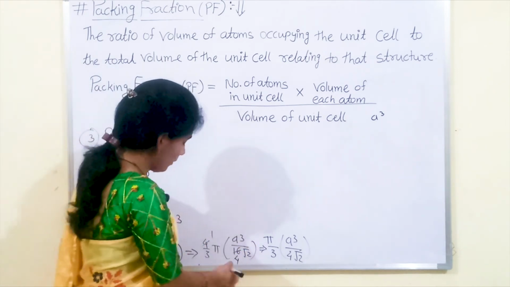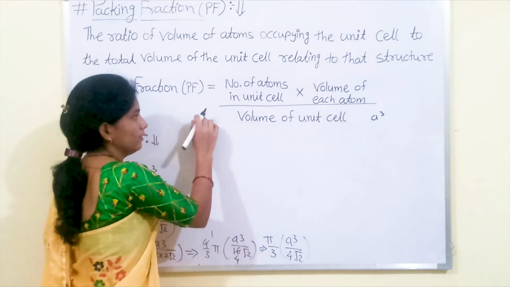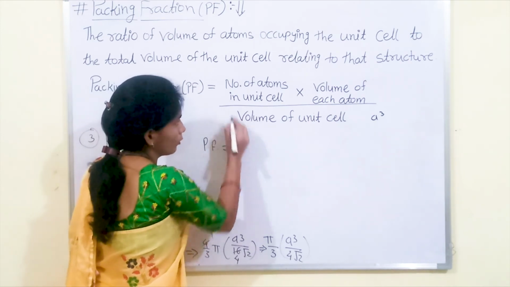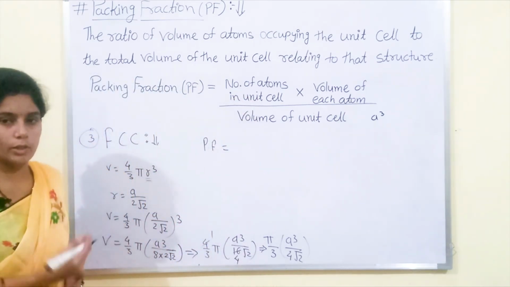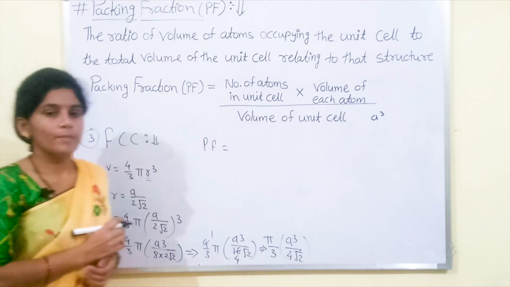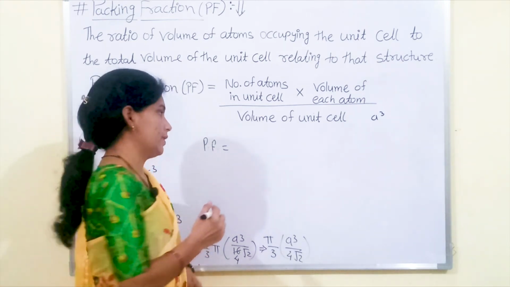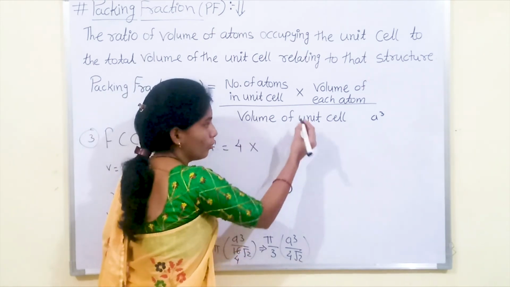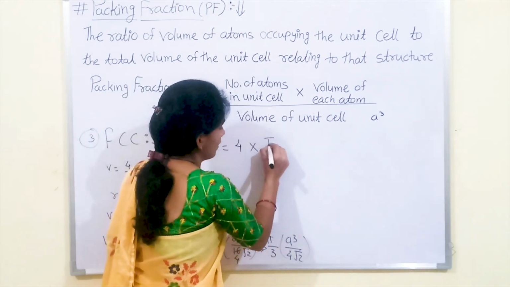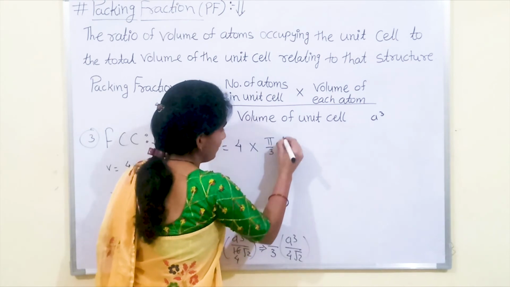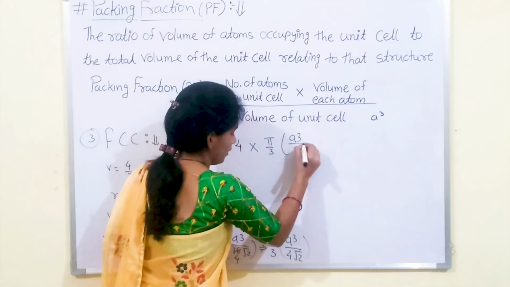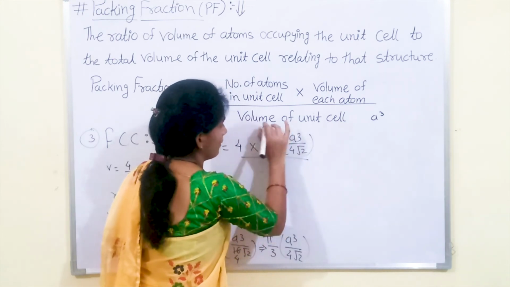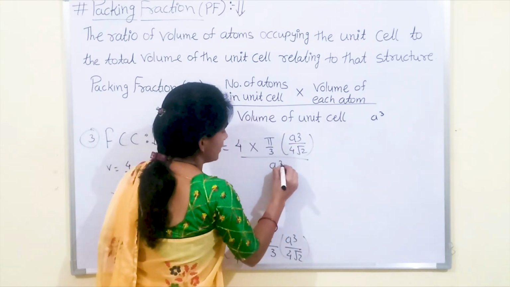If we put this value in the formula, PF is the number of atoms per unit cell, which is 4 for FCC, into the volume of each atom, pi by 3 a cube divided by 4 root 2, whole divided by the volume of the unit cell, a cube.